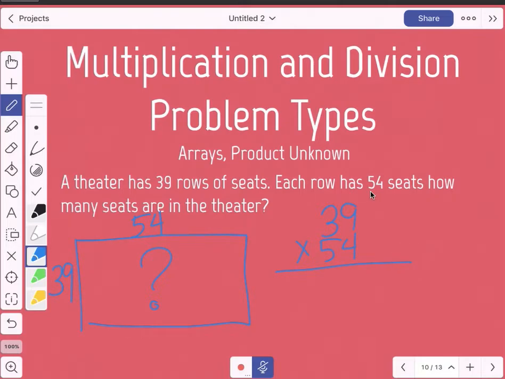I go ahead and solve that. 4 times 9 is 36. 4 times 3 is 12, plus 3 more is 15. Now I'm working with a 50, so I put a 0 there. 5 times 9 is 45.